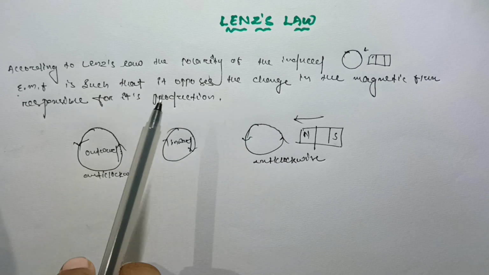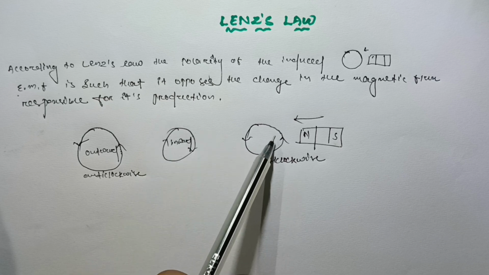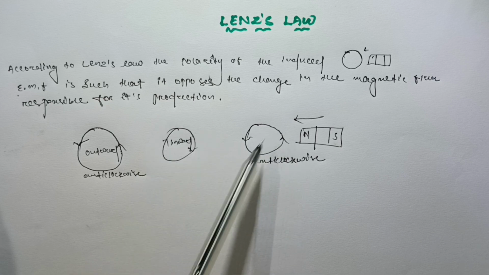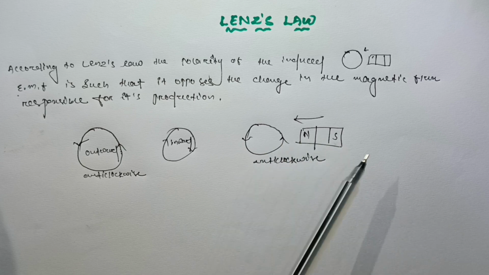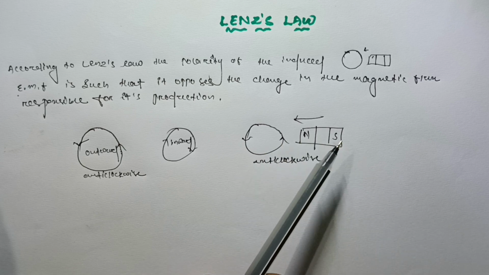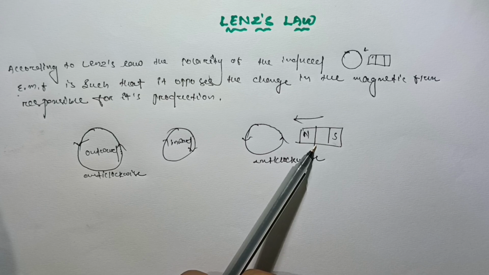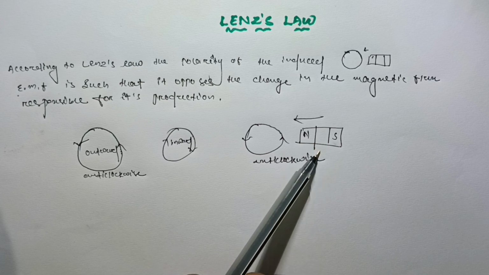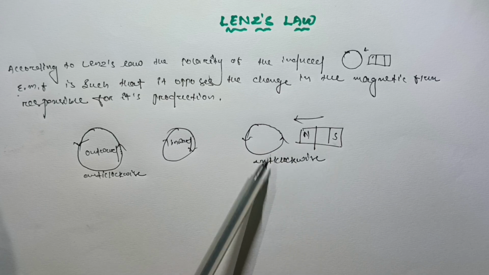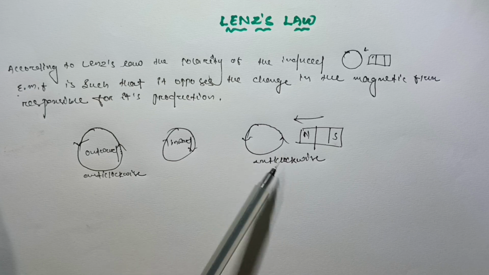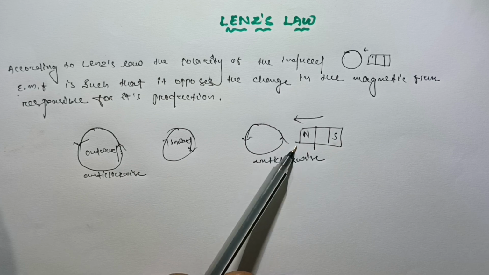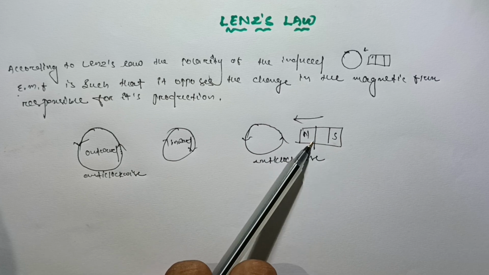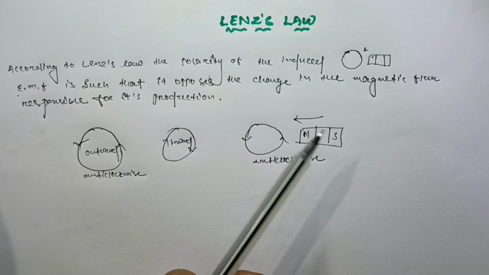I mean to say, that kind of direction should be there which opposes the magnetic flux, right? So if the direction is anti-clockwise, then it also opposes the bar magnet's movement, right?